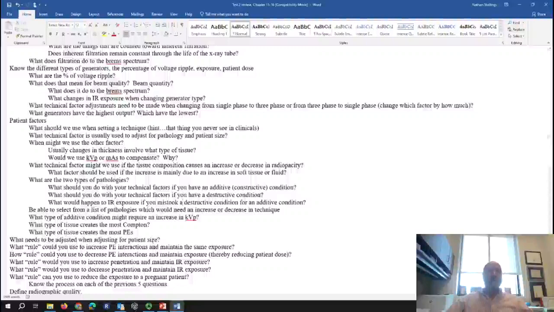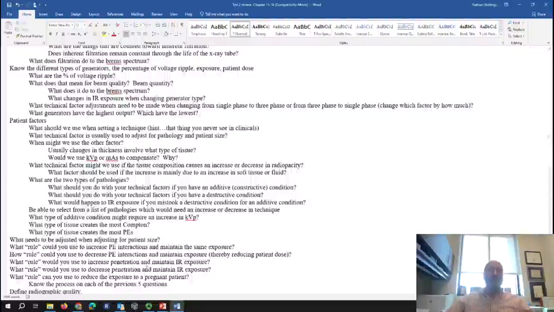What rule could you use to increase photoelectric interactions and maintain the same exposure? It's your 15% rule. What rule could you use to decrease photoelectric interactions and maintain patient exposure? All of these really are the same answer. That's 15% rule.